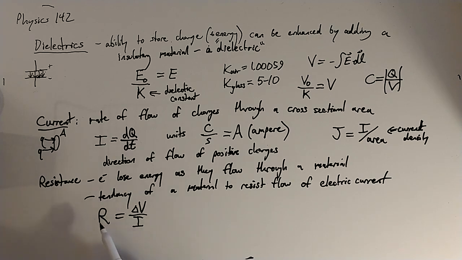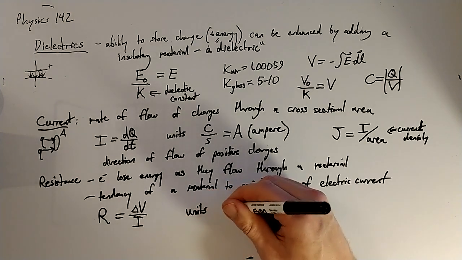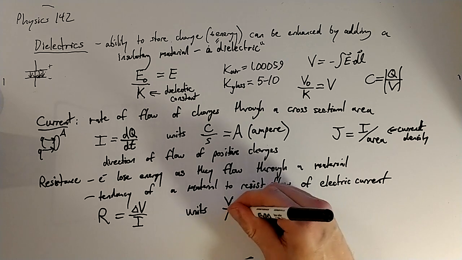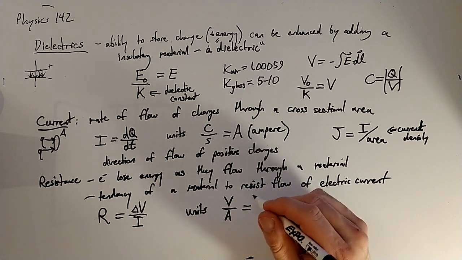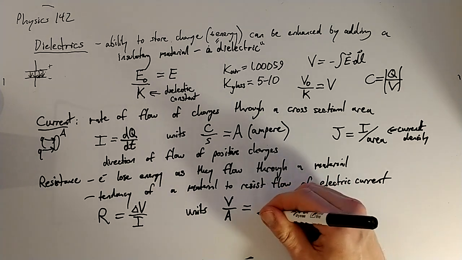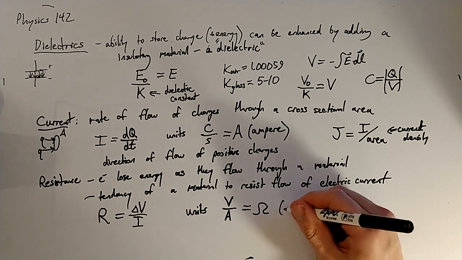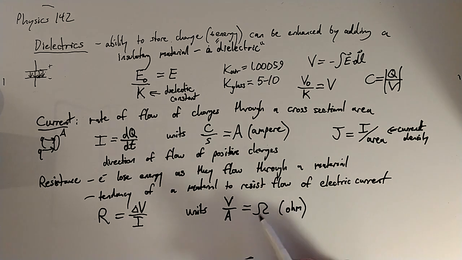That means that the units of resistance must be volts, the units of electric potential, divided by amperes. 1 volt per ampere, or sometimes amperes are referred to as amps, gets a special symbol, capital omega, which is 1 ohm. All right, so resistance is measured in units of ohms.